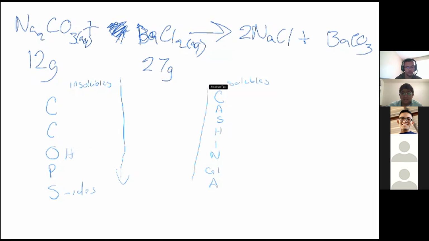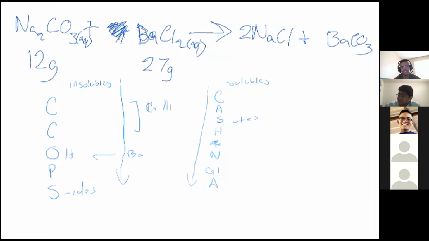Solubles, Kashinga is how I remember it: chlorates, acetates, sulfates, hydroxides, nitrates, group 1 elements, and ammonium. There are some exceptions for insolubles: always group 1 and ammonium, and for OH specifically, it's barium hydroxide, because barium hydroxide is just built different.